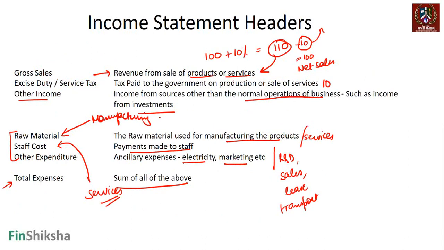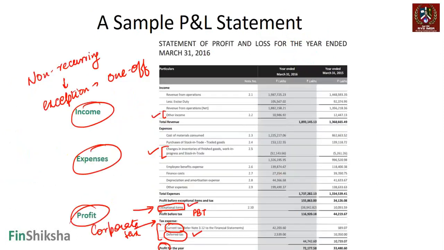So for example, if you look at a company like Ashok Leyland, out of their total expenses of 17,37,282, nearly 70% plus is coming from the raw material portion, right? Whereas employee benefit is only close to 8%, and other expenses are close to about 12% of the overall expenses, right? Bulk of it is coming here.